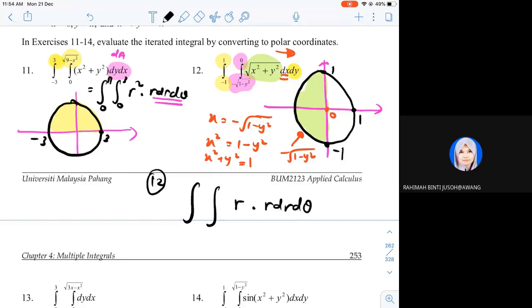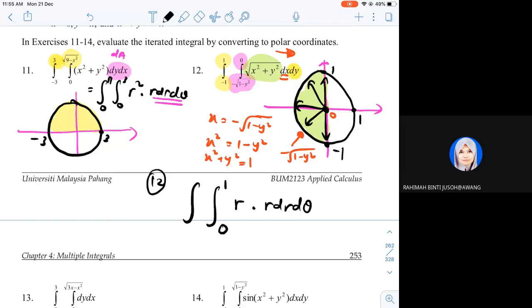Now the radius starts from the origin, from 0 until 1. The circle's radius starts from the origin until 1, like that, 0 until 1. And then how about the angle?